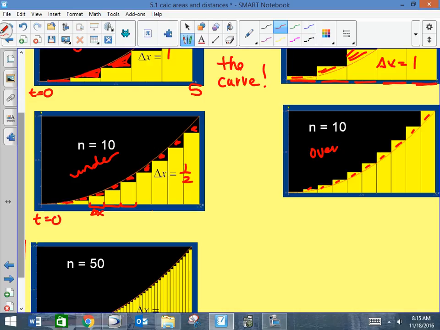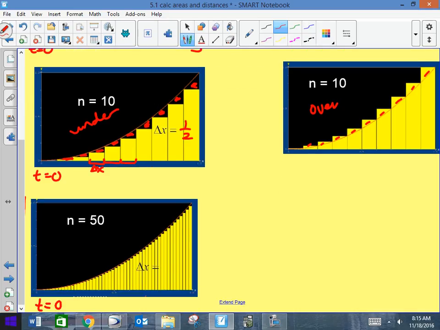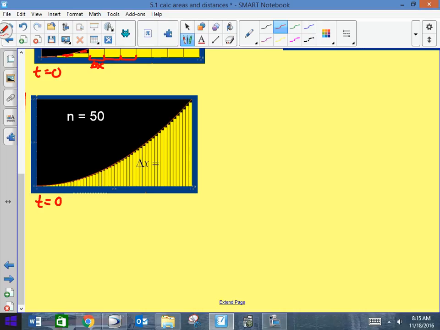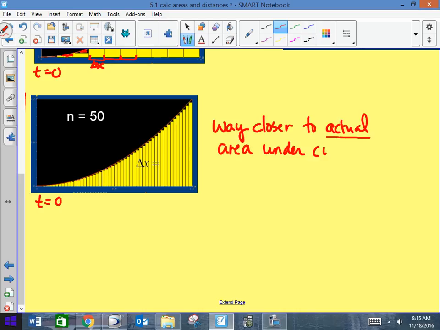All right. Now I went to 50 little rectangles, and we're getting closer, aren't we? This is way closer to the actual area under the curve. You see where this is all going? You see a limit in your future? Because if we just say, all right, I'm going to 50, then I'm going to 100.